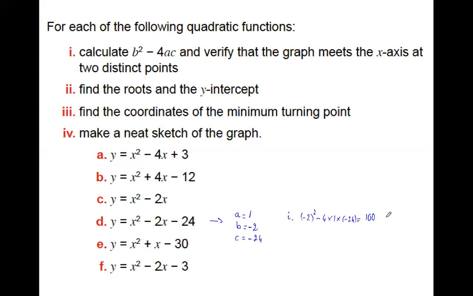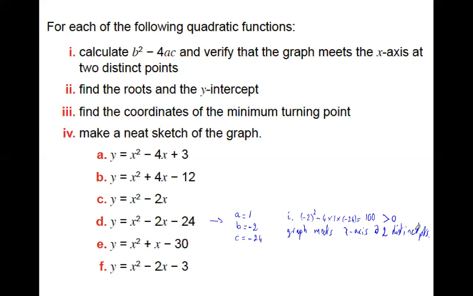So b squared minus 4ac is positive. The graph meets the x-axis at 2 distinct points, which is what we call the roots, right? That was the first question.